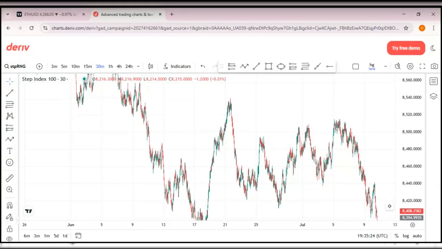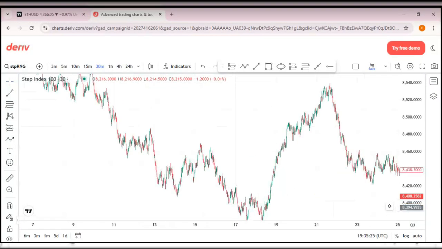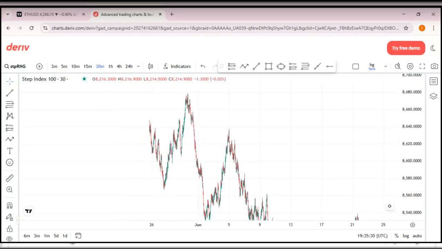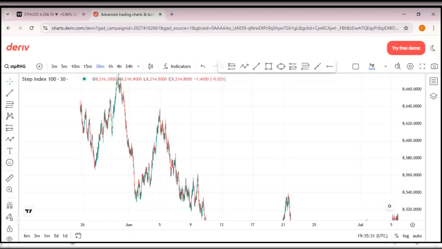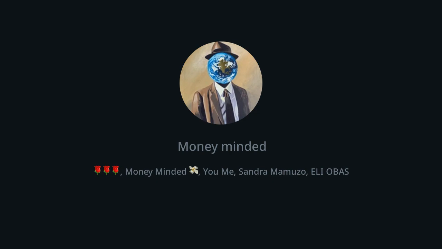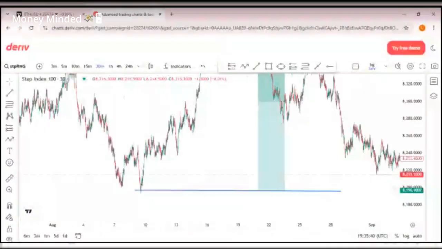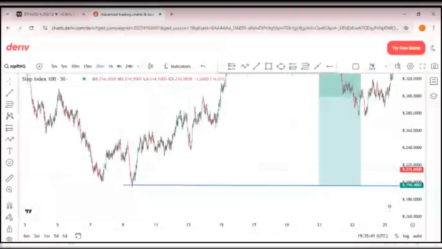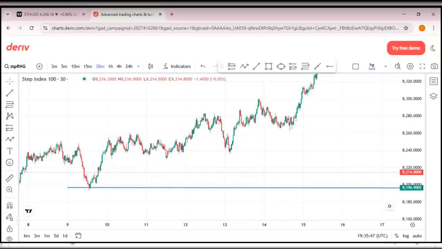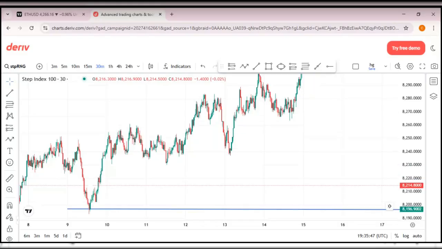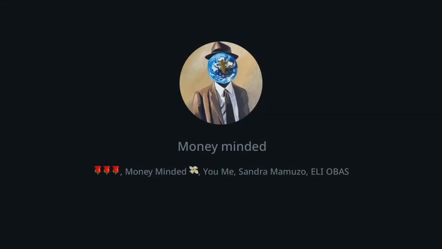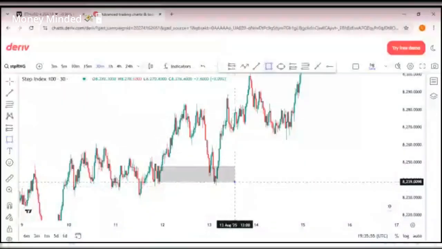We have a continuation here. I have to find this properly. I don't want to just show you randomly. Wait, it's actually easy to spot. Okay, here we have our order block, which is this red candle.